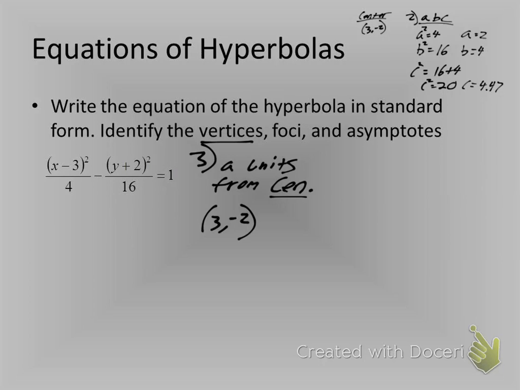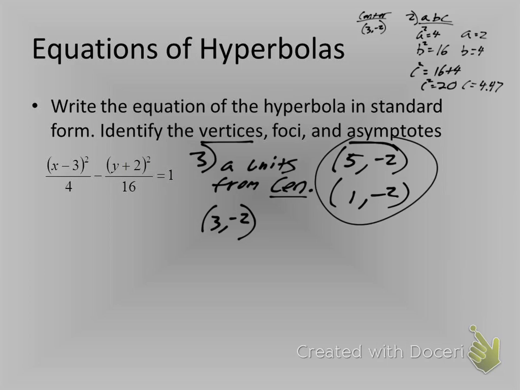A was 2, so it should be 5 and 1. So your vertices are 5, -2 and 1, -2.